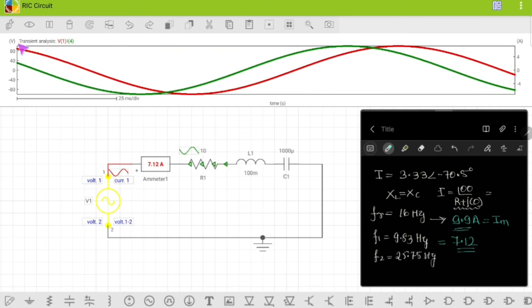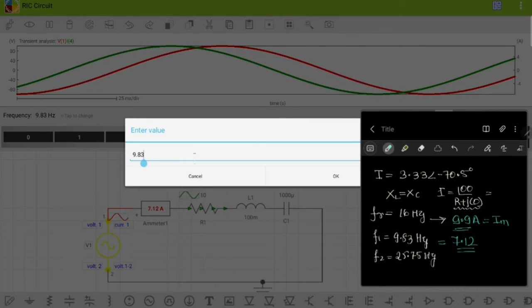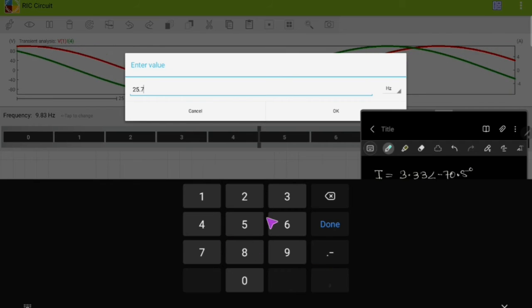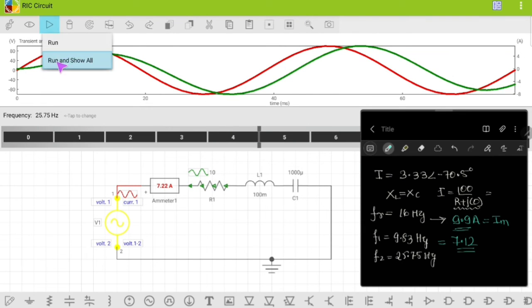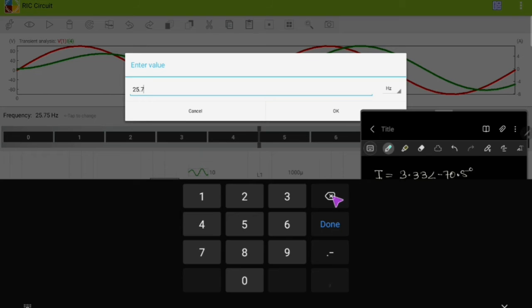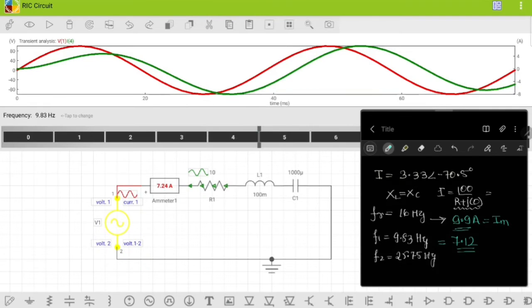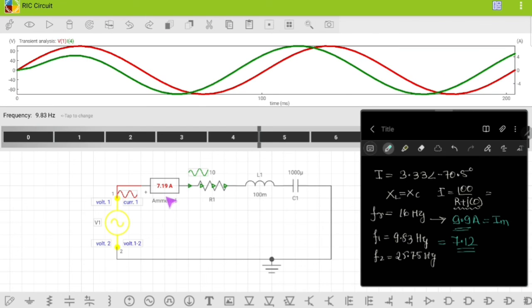So if we change the frequency to 25.75 and run this, we got 7.24, and at 9.83, if I change this value to 9.83, we will get 7.2. Okay, so let me correct this: this is 7.2.